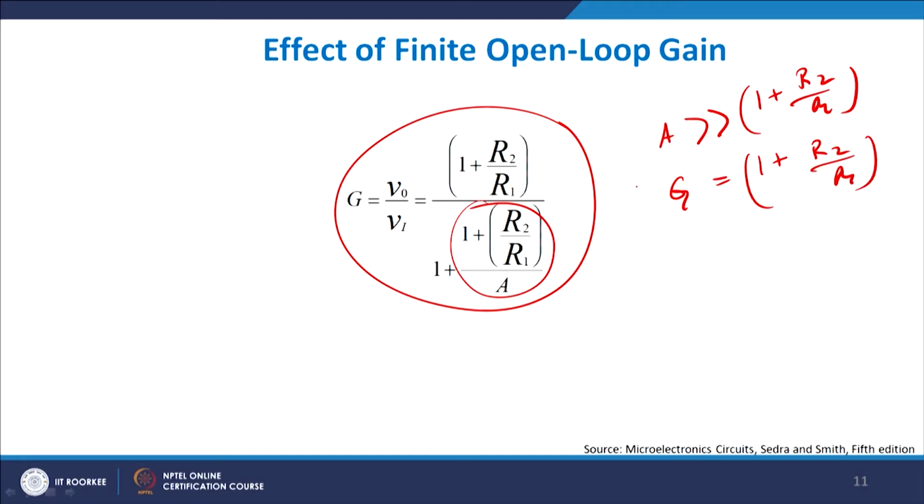So, in both cases, if your amplification factor is very high, the closed loop gain depends only on the ratio of the resistors. You change the values of R 2 and R 1 and you can get a variable gain with respect to your requirements, and that is an important part.